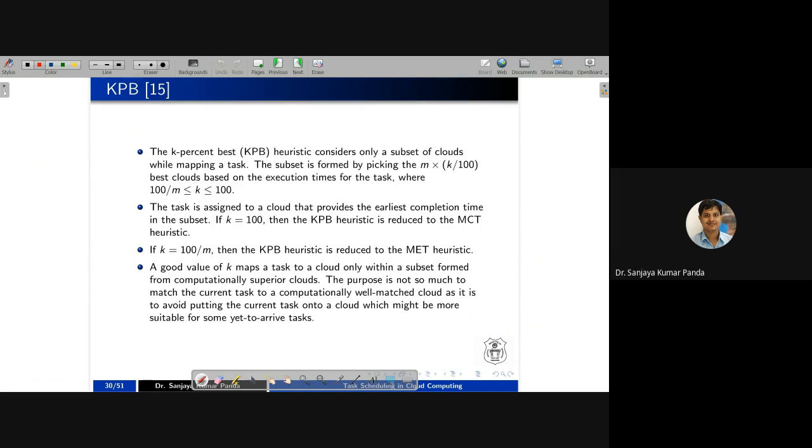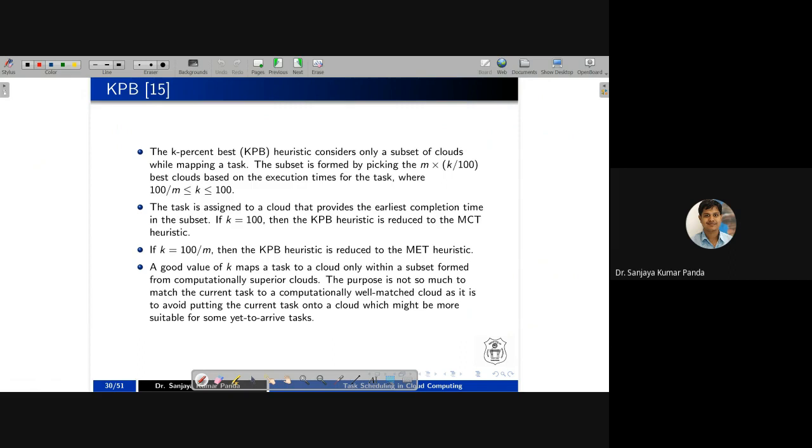It is not as simple as MET or OLB, because these are a combination of other algorithms. MCT is also a combination of MET and OLB, but it is simple. The KPB case is a little more complex than the other algorithms. So let us see how to take a decision using KPB.